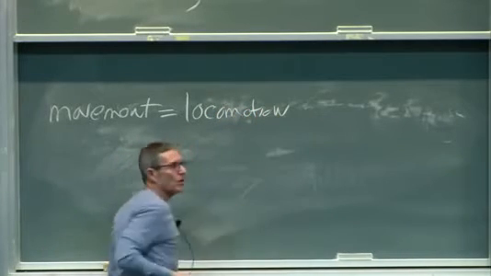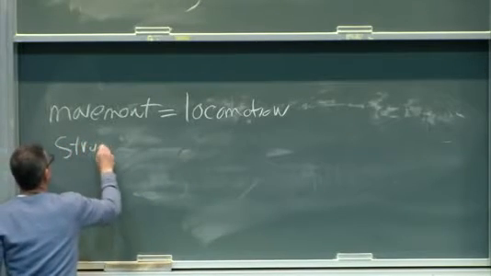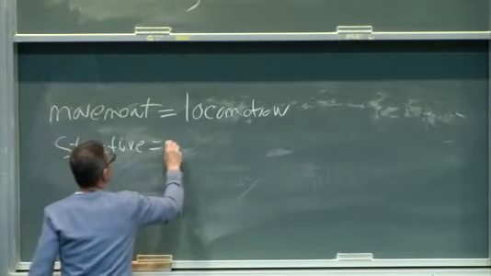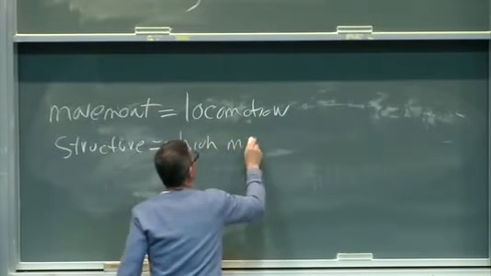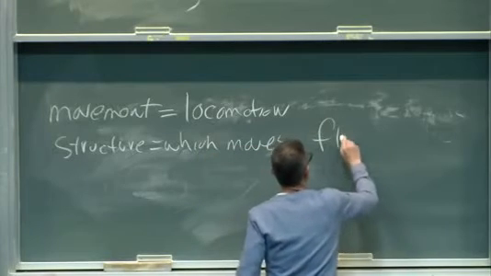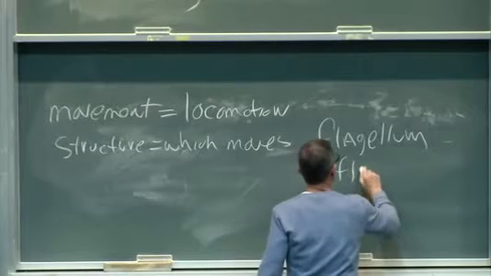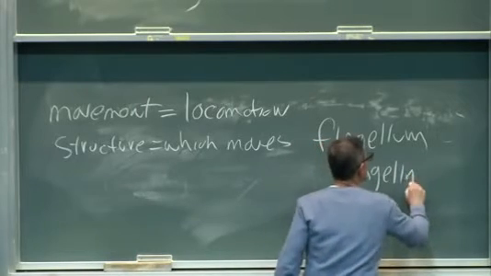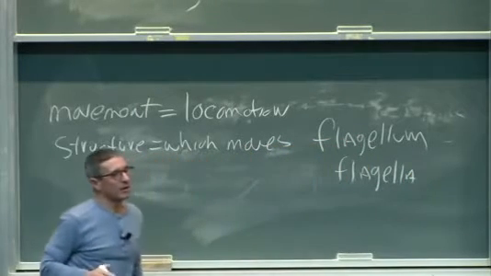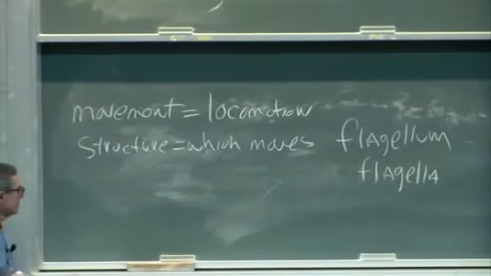And in order to get locomotion in the algae, we would have a structure which moves. And many of you have heard of this structure before. It's called a flagellum, or plural flagella. Does the organism have flagella? That's one way of looking at classification.